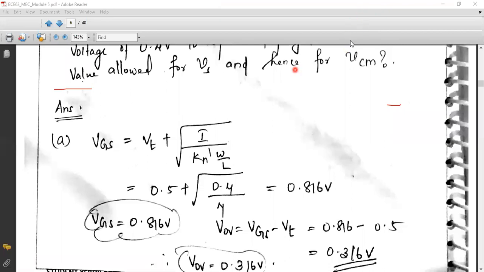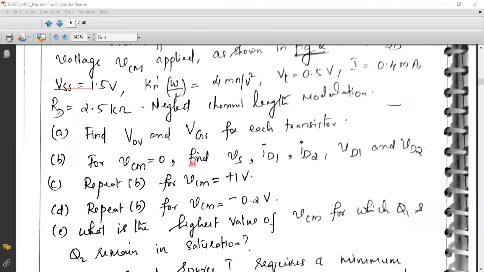Yes, anyway, that's 0.816 volt. So once you get 0.816 volt for VGS, now let us try to find our VOV.